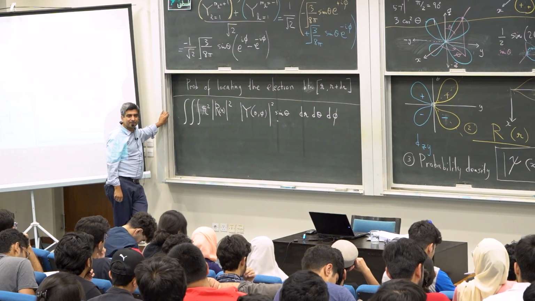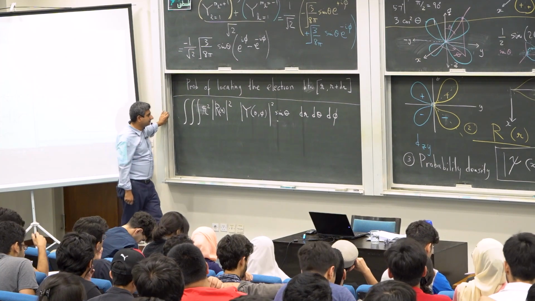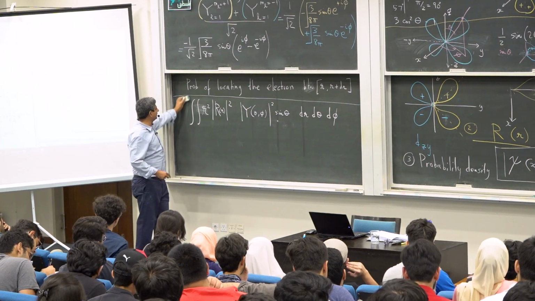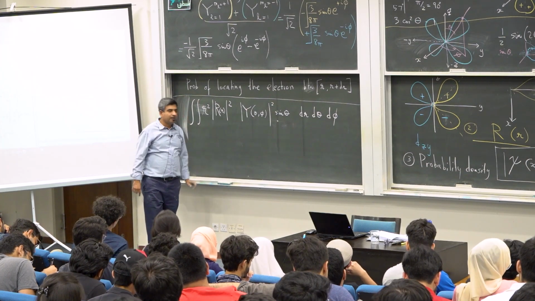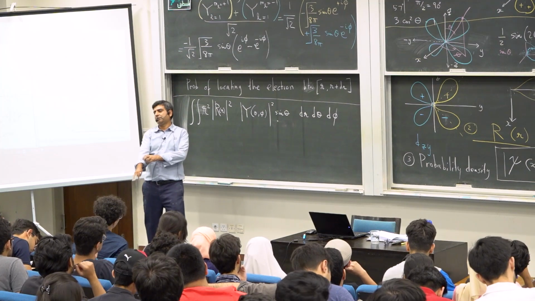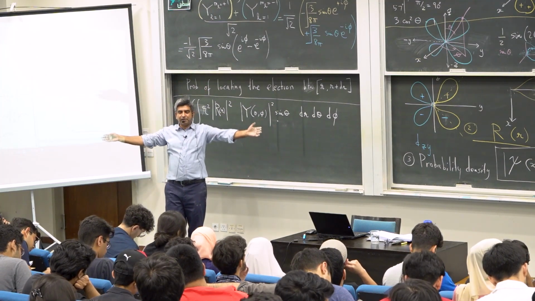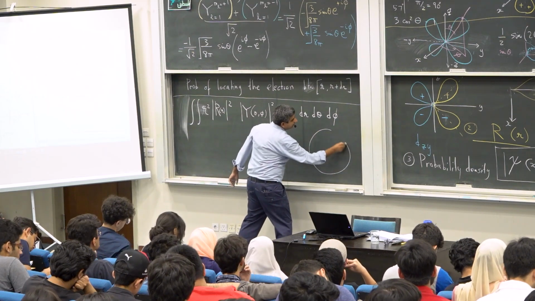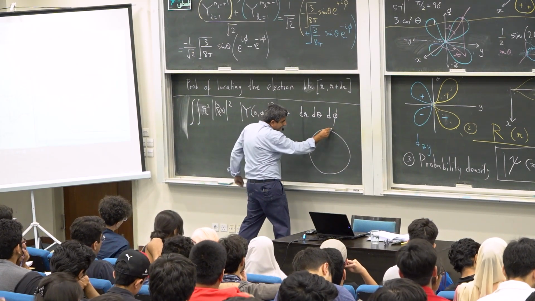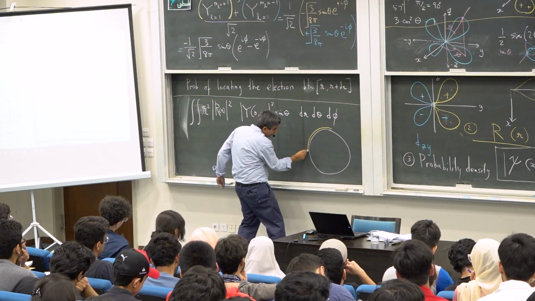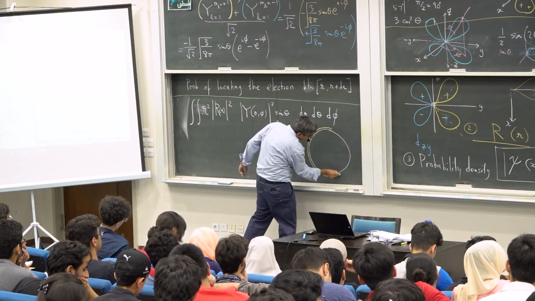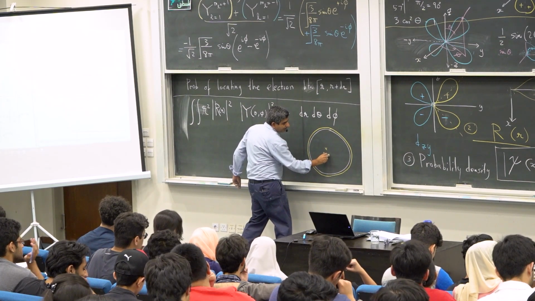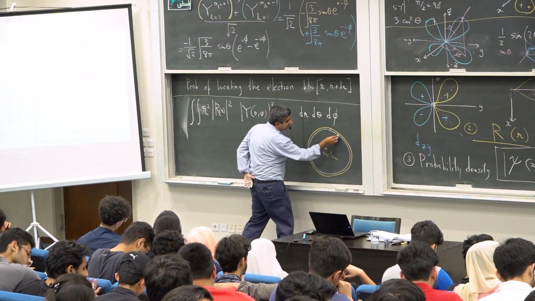In fact, I just need a double integral because I want to average out the values of theta and phi. So now I'm on a sphere. This is my sphere, and I take a small shell on the sphere. This is my nucleus over here. This is my shell.